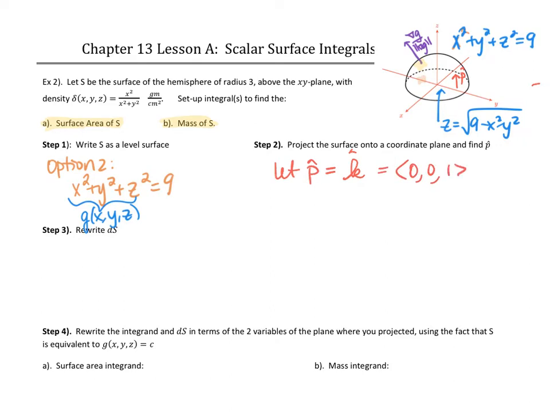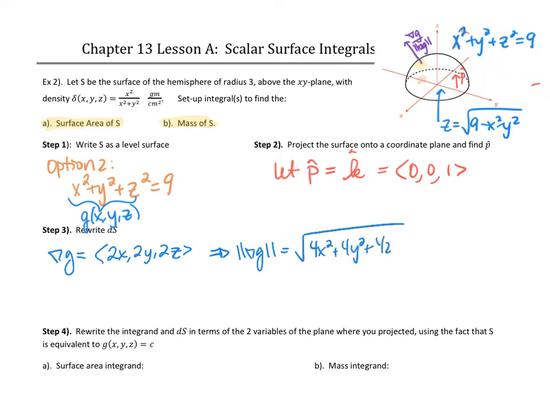Okay, so now let's rewrite dS, assuming this is what we're going to use to project. First I'm going to need the gradient of g. So this is 2x, 2y, 2z, which means my magnitude is the square root of 4x squared plus 4y squared plus 4z squared, which ends up being 2 times the square root of x squared plus y squared plus z squared.